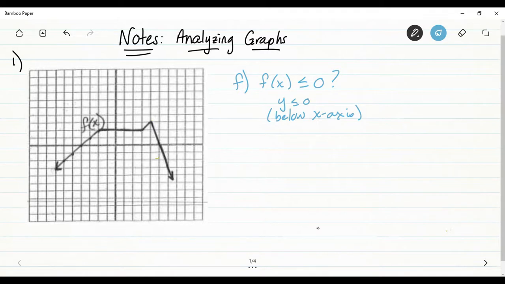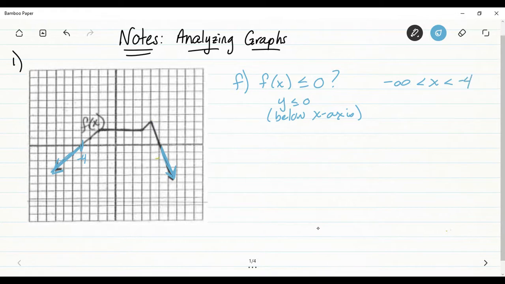Where is y negative? It's two pieces. We have this piece going to the left, and we have this piece going to the right, where our function is negative. So we have two different intervals. The first one, starting at negative infinity and going to a value of -4.